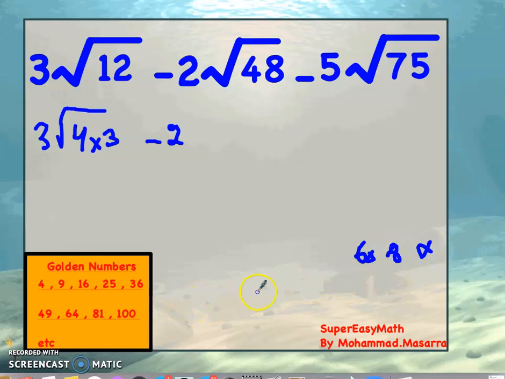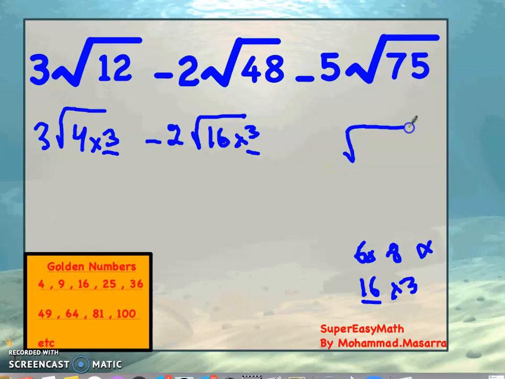We can write it as 16 times 3. So 16 is a golden number. Just look here. Here we have a 3 and here we have 3. Then the third one we should have 3. So 75, it's 3 times one of these golden numbers. So 25 times 3 is equal to 75.